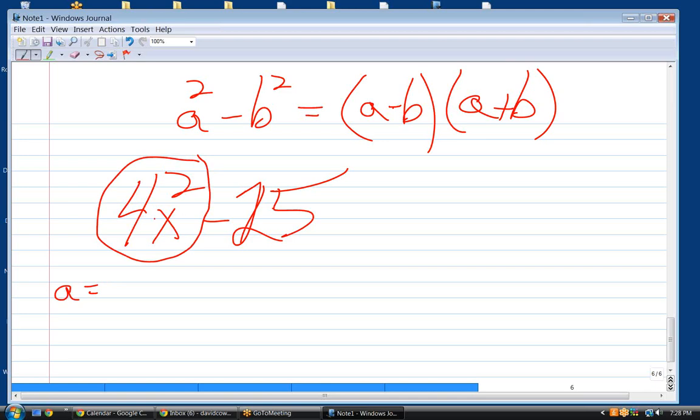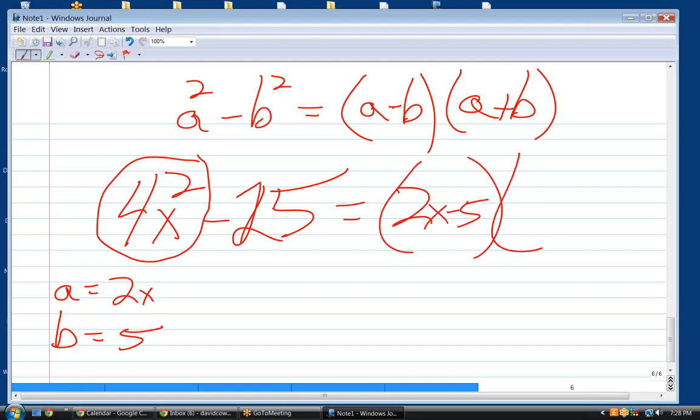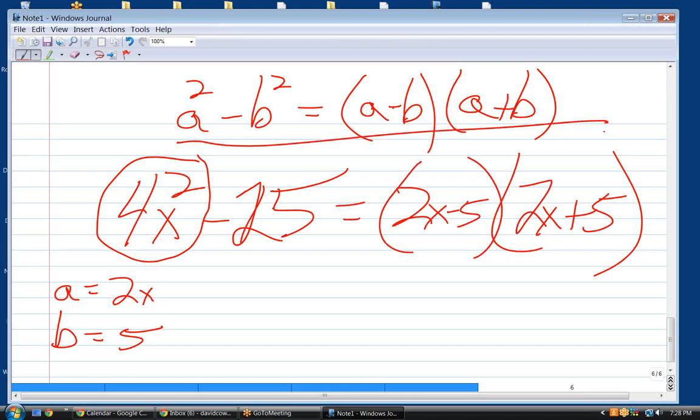That is a perfect square, so a has to be the square root of it. 2x. What's b? 5. Okay. So this would factor into 2x minus 5 times 2x plus 5. Notice we really don't do it in a 3-step process. Once you recognize difference of perfect squares, you do it in 1 step.